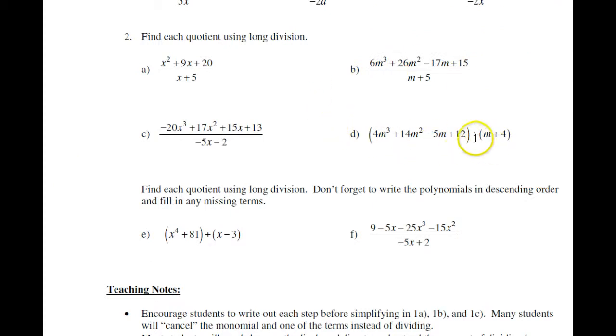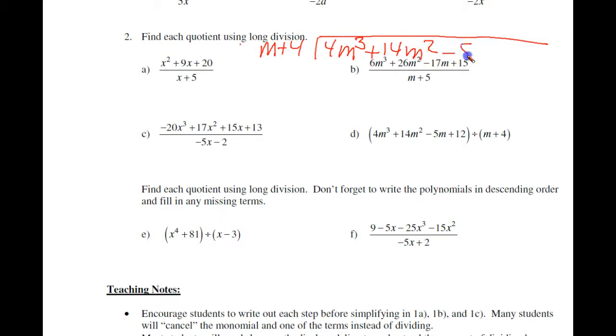Okay, we're now going to do this one. And it's m plus 4. This one here. M plus 4 divided into 4m cubed plus 14m squared minus 5m plus 12.